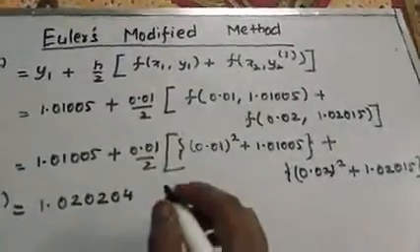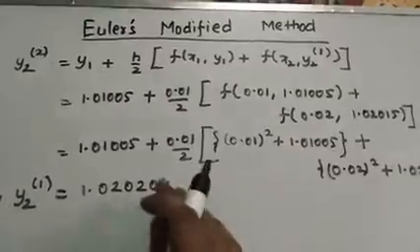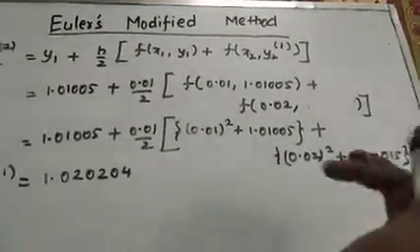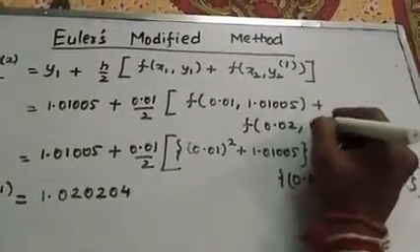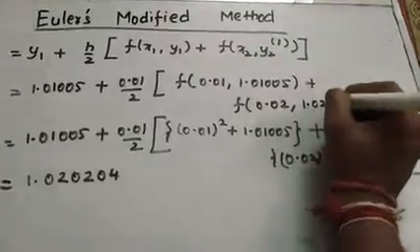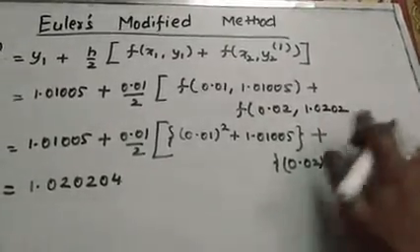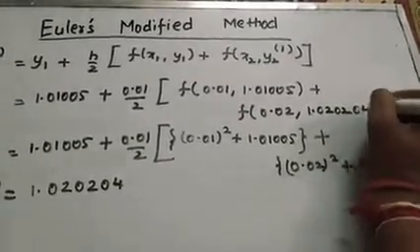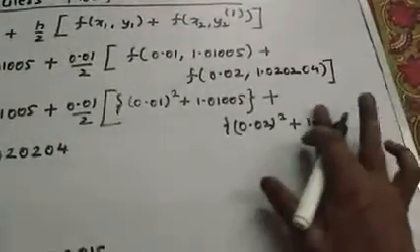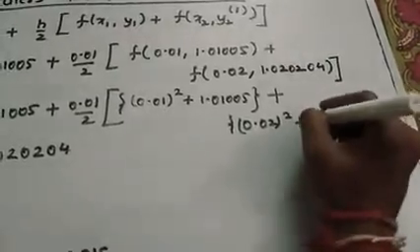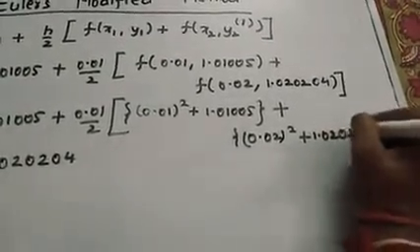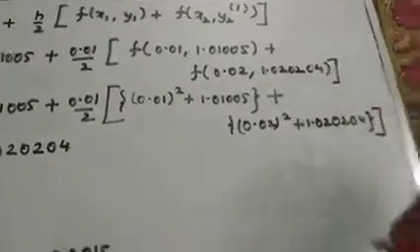So we put the y2 of 1 value here, which is 1.020204, and the values here change too.